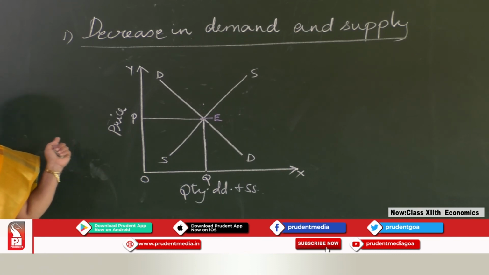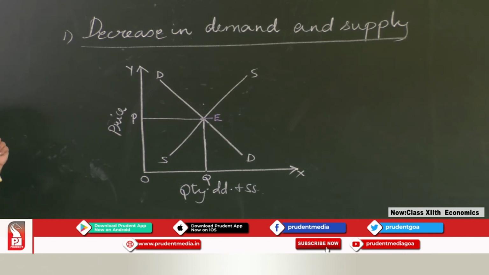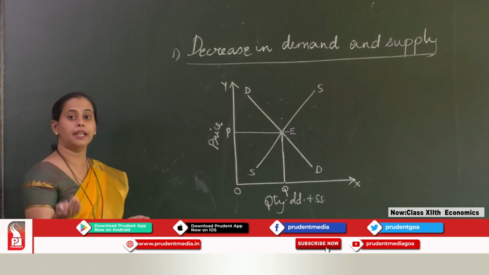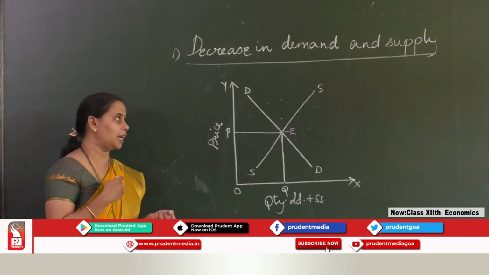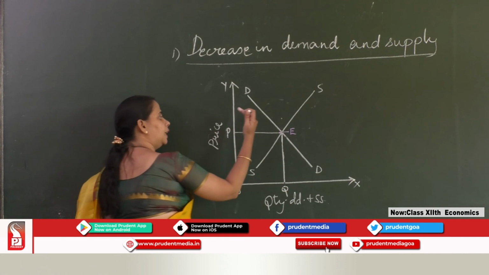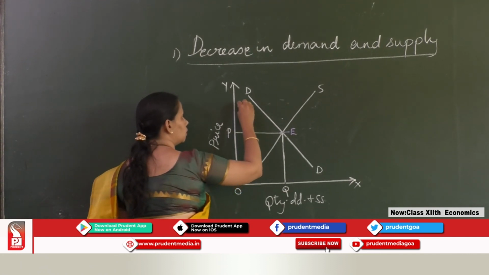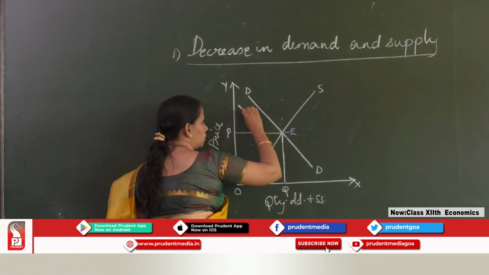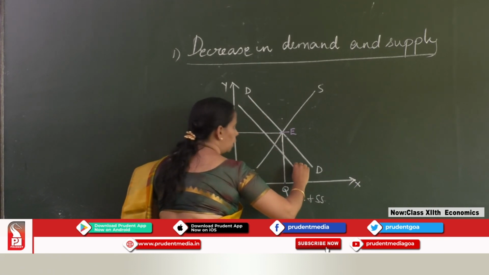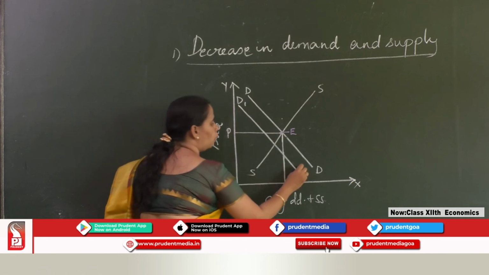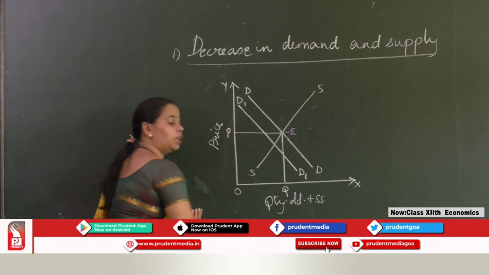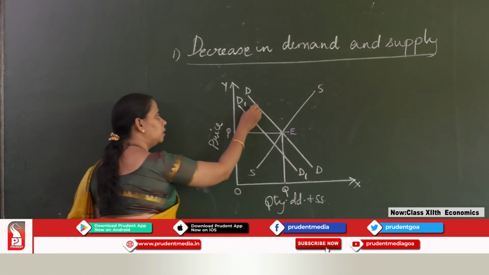Because of a decrease in the demand and the supply, the demand and the supply curve will shift inward, they will move inside. So, we see that this demand curve will shift inwards. So, we have a new demand curve D1 which is an inward movement of the demand curve.